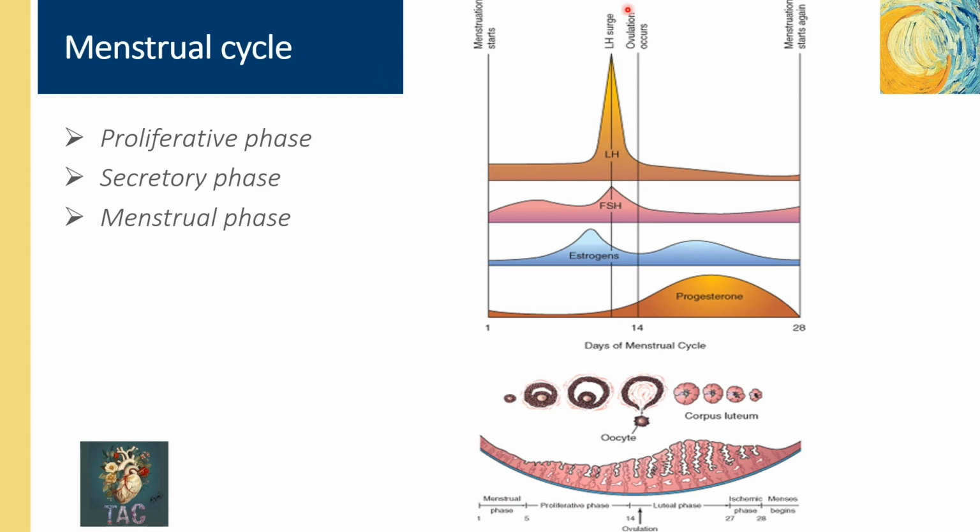So this is the whole picture of the uterine endometrial axis, in which the hormones from the anterior pituitary affect the ovaries, and the hormones from the ovaries then affect the uterine endometrium.